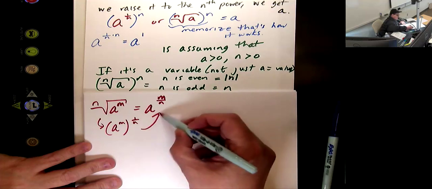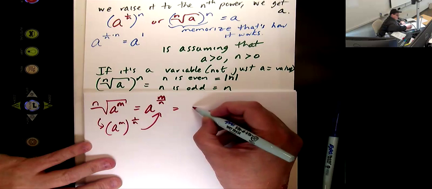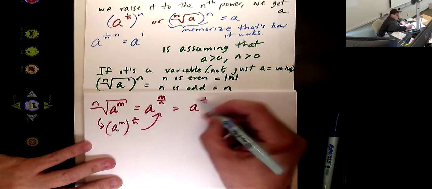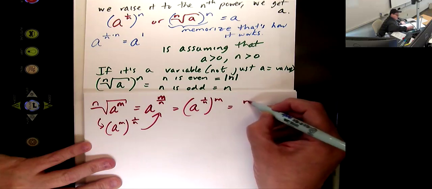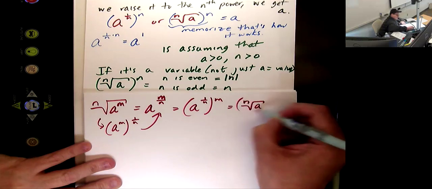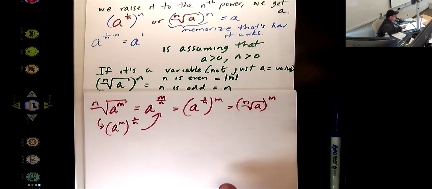And so when I multiply them together, M times 1 over N, I get that. But I could also switch this around. I could say A to the 1 over N to the M power. And that's where we get the nth root of A inside the parentheses, and then the M is on the outside. These are all equivalent.